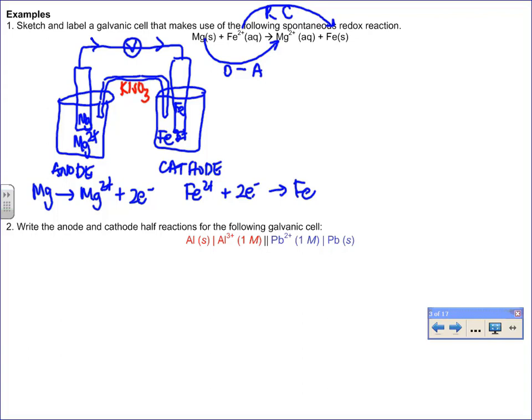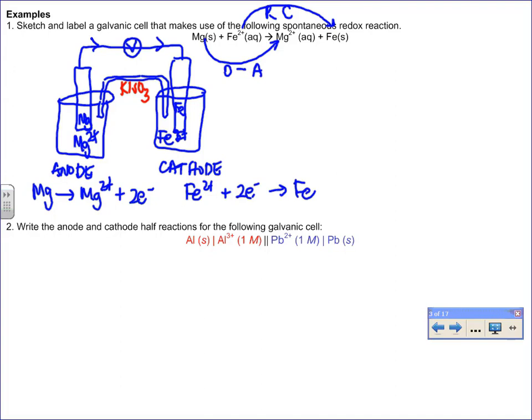One thing about the salt that you choose for the salt bridge is that you want it to be something that is inert, that will not react with the other substances in either of the beakers. In the example that we looked at before, we used KCl, which is very useful in a lot of cases, but it can be a bit of a problem. So if we were doing a reaction that involved silver, for example, that could precipitate.